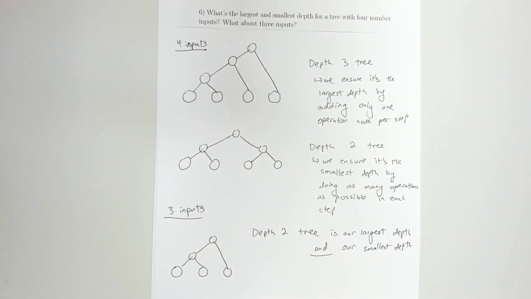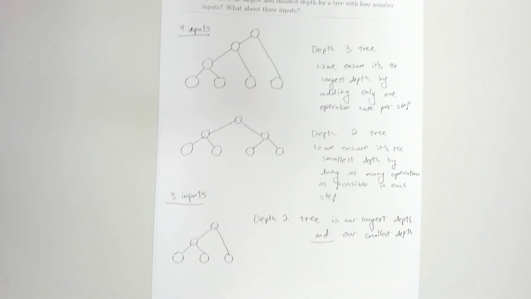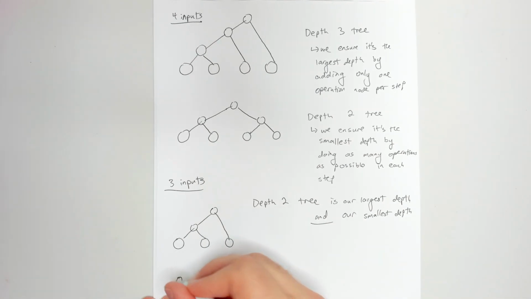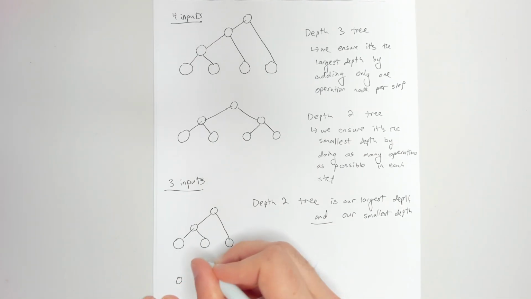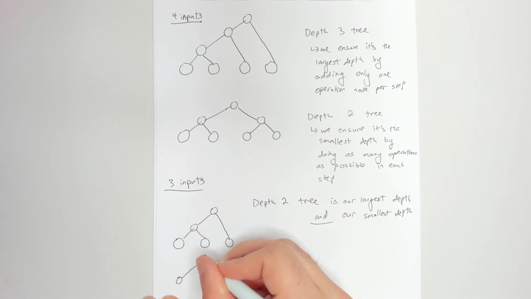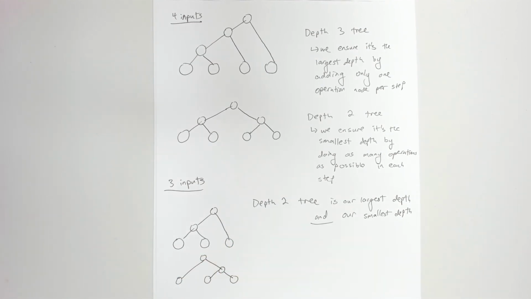So this is an interesting fact about 3 inputs, is that you can only get a depth 2 tree. The only other possibility is basically to mirror this tree and get a tree that looks like this. Right? These are the only 2 structures that we can get for 3 inputs for an expression tree.